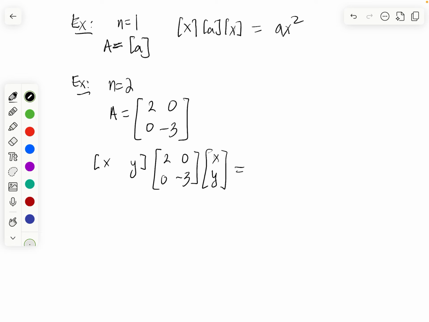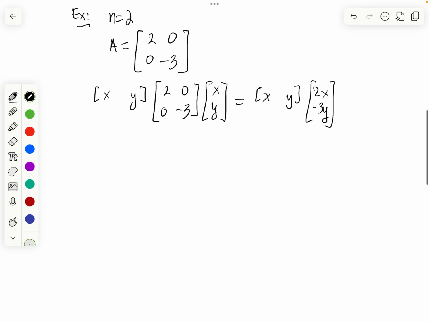If you multiply this first, you're going to get xy times the vector 2x, negative 3y. And that's just the dot product of these two vectors. You get 2x squared minus 3y squared. Okay, so 2x squared minus 3y squared is an example of a quadratic form.